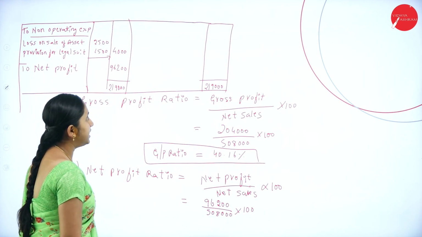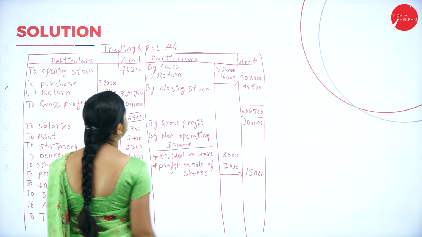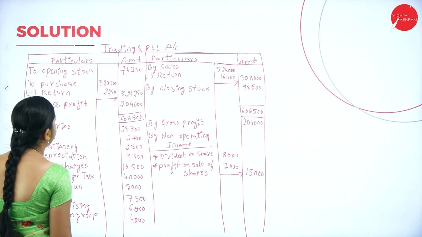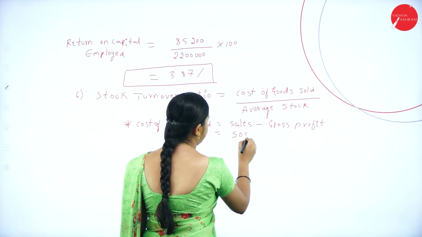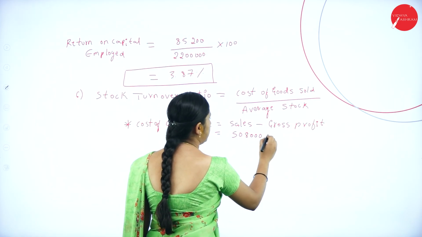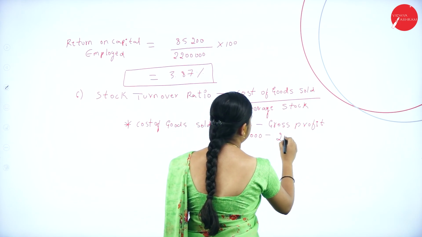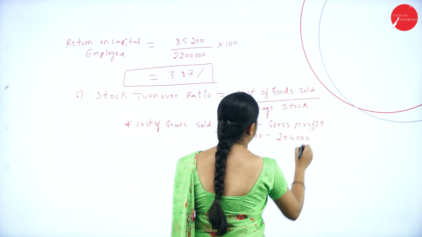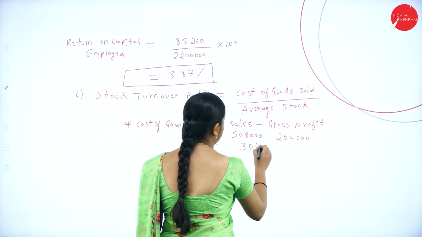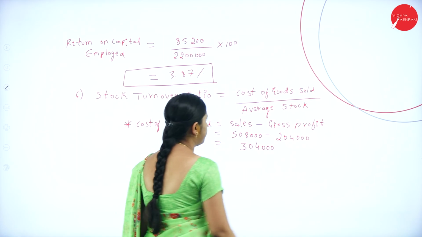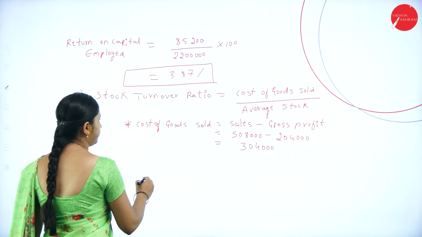Sales means net sales. Net sales is 5,08,000. Gross profit 2,04,000. Sales 5,08,000 minus gross profit 2,04,000. Cost of goods sold is 3,04,000.